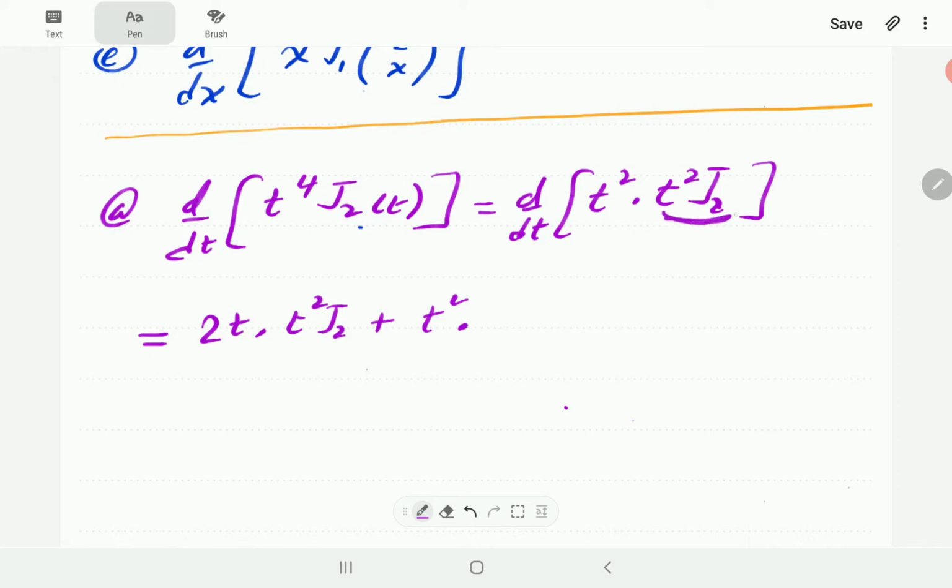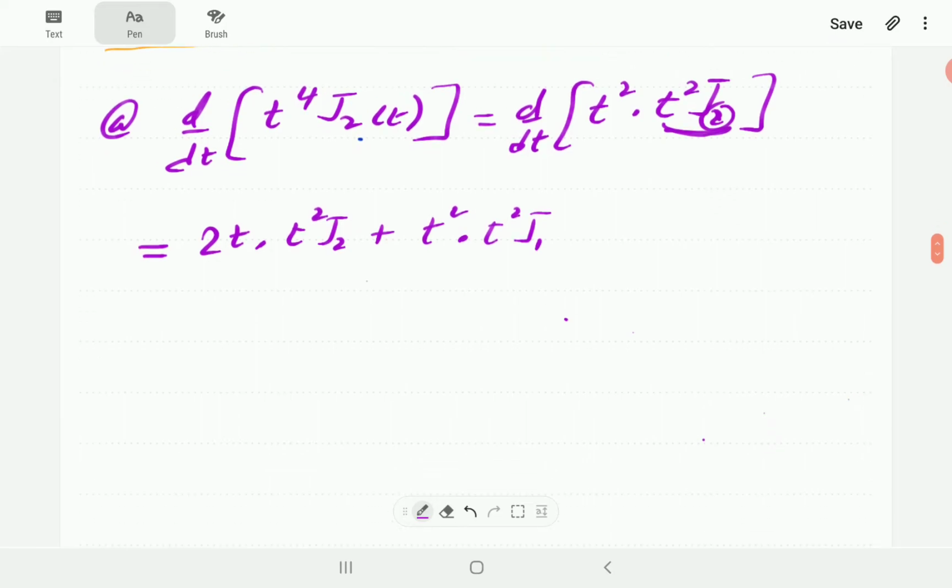The derivative of this, according to formula number 1, is going to be t squared J1. We subtract 1 from the order of the Bessel function. So this is 2t cubed J2 plus t to the power 4 J1.